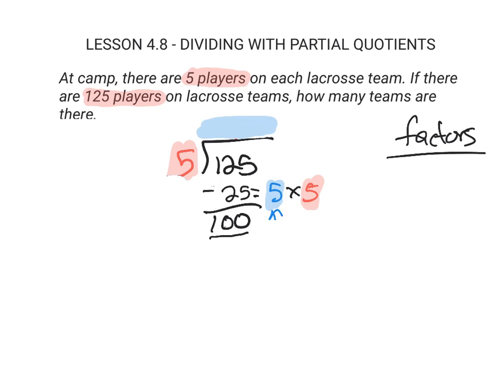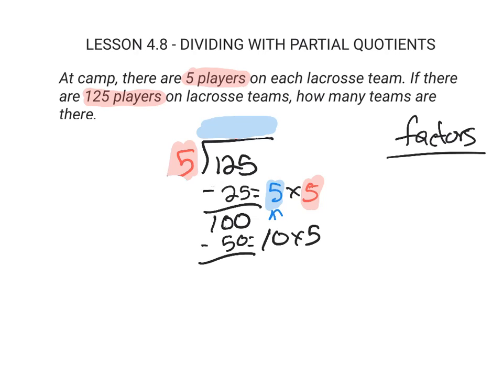So now that we're at 100, let's keep going. If you want to keep going, 5 times 5 is 25. You can do that, that's chipping away. But let's see if we can get a little bigger. Let's start with 10 times 5. What is 10 times 5? 50, that's correct.